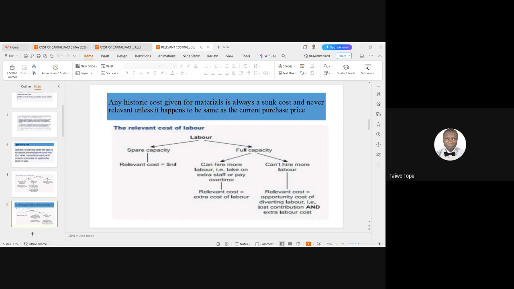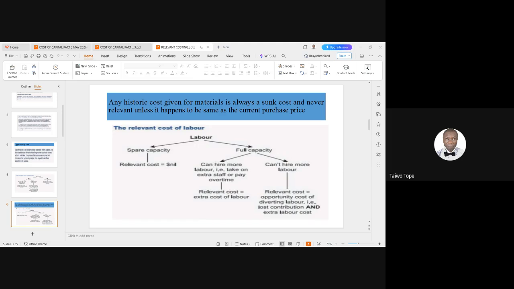As accountants, you record fixed costs, you value them based on historical value, even though when you apply your depreciation, you have your net book value. But in relevant cost, the value of fixed cost is not relevant because it's already there. It does not affect the decision we are to make as of now. Either we make the decision or not, you will still incur the cost.